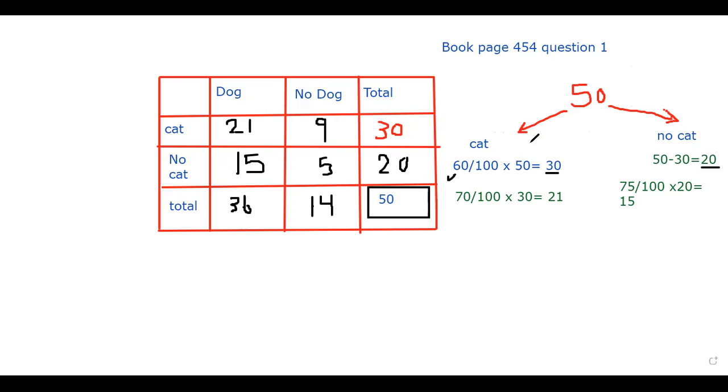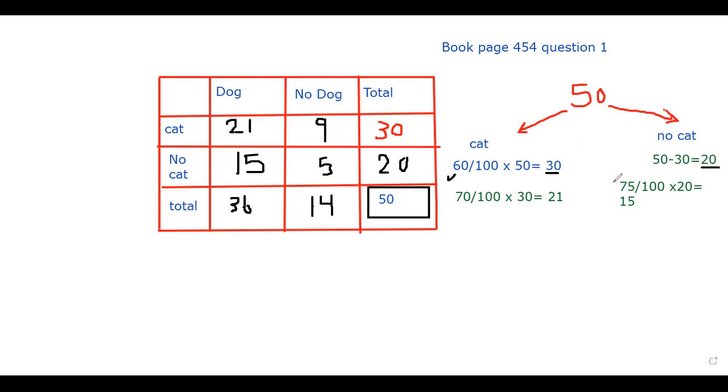He said 70% of those who own a cat also have a dog. So we calculated 70% of 30 becomes 21, which means 21 own a cat and a dog at the same time. The total number of students who have a cat was 30. Then 30 minus 21 equals 9.